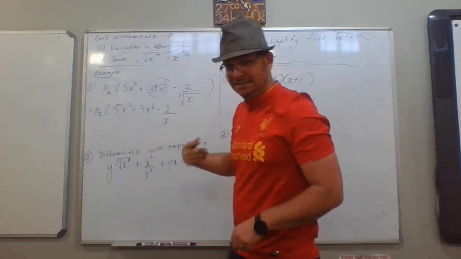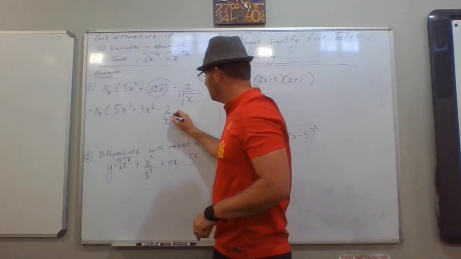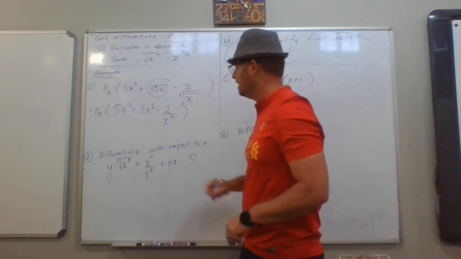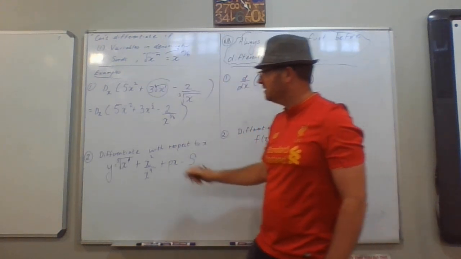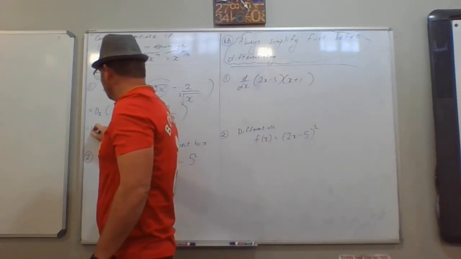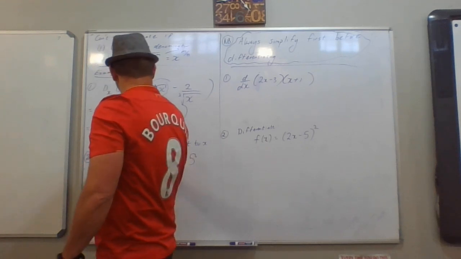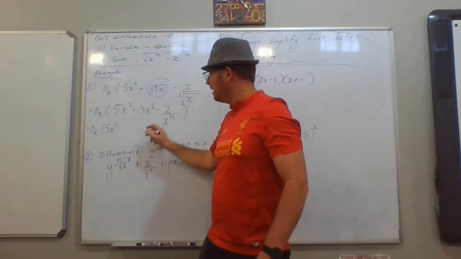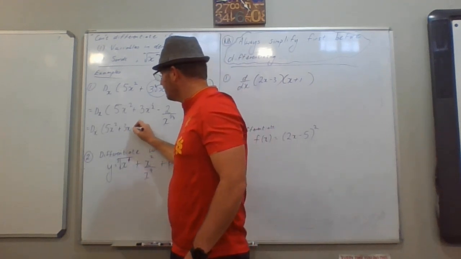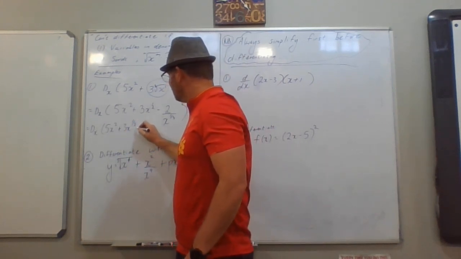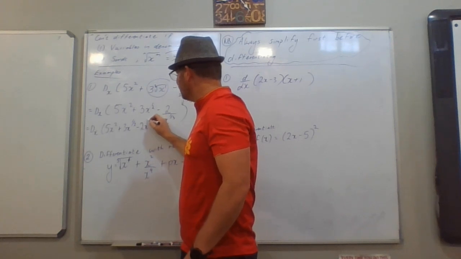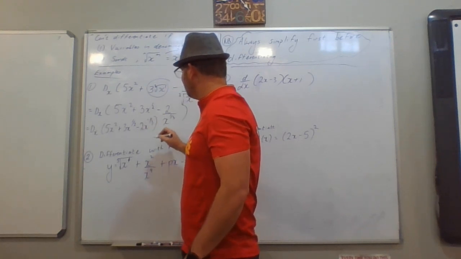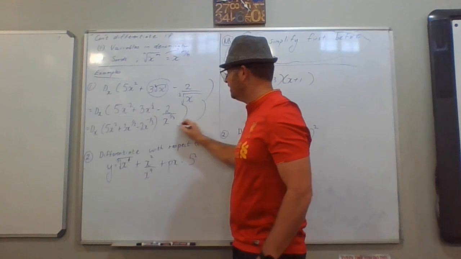My wife is calling. Okay, and you can skip steps with practice. So I've got to find the derivative of 5x squared plus 3x to the half minus 2x to the negative third. You can skip out steps as long as you get to that over there.